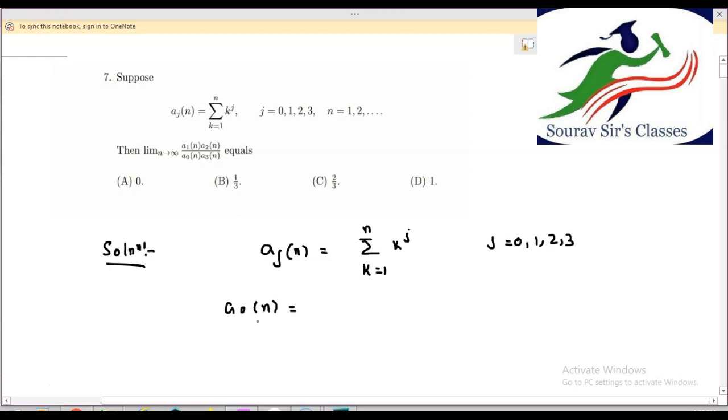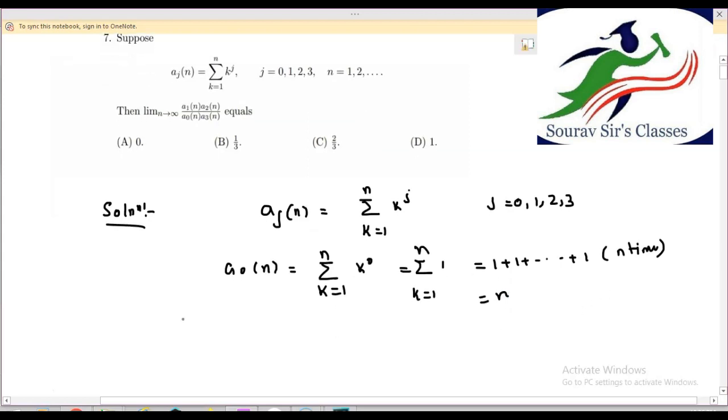So a0n means summation k equal to 1 to n of k to the power 0. So this is equal to summation k equal to 1 to n of 1. So it is nothing but 1 plus dot dot 1, n times, and hence it is n. So a0n is equal to n.